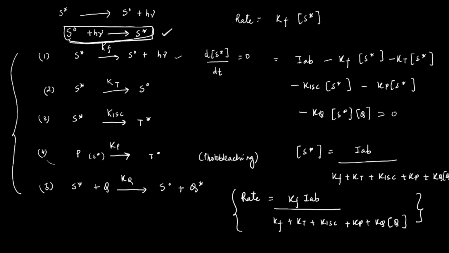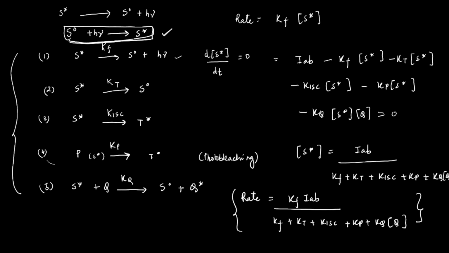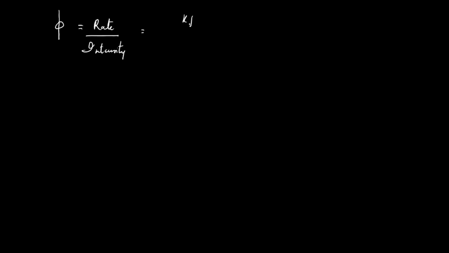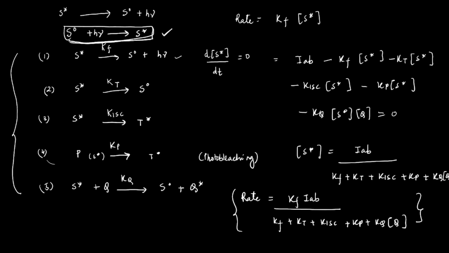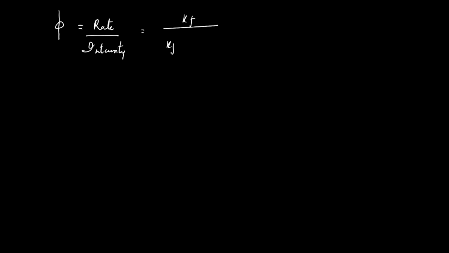Next, we need to figure out the quantum efficiency. What is quantum efficiency, everyone? One formula for quantum efficiency is rate by intensity. We just found the rate. If we divide it by the intensity, which is I_ab, the rate would be Kf and then this denominator part.